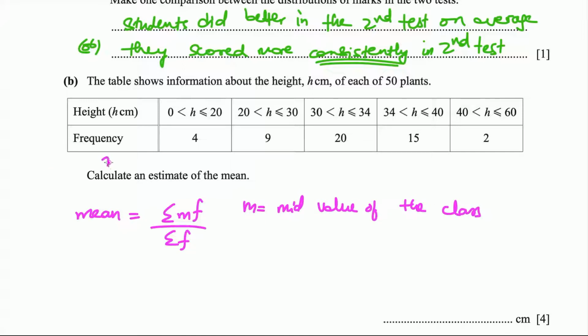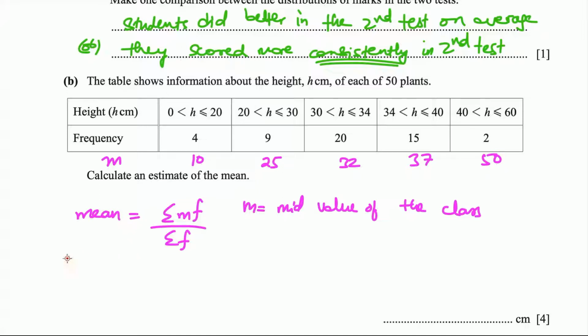From 0 to 20, the value of m is 10. From 20 to 30, m is 25. 30 to 34, it is 32. 34 to 40, it is 37. 40 to 60, it is 50.